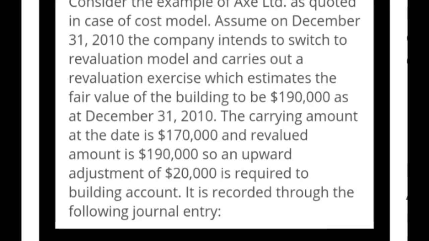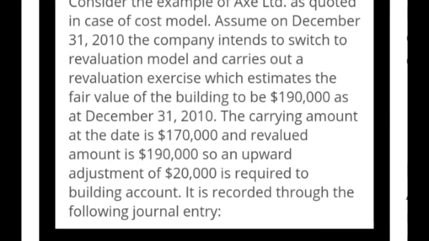Okay, let us take the example of the same asset which we used in the cost model. A company uses the cost model at the start, and it has an asset of $200,000 that was depreciated by $30,000.